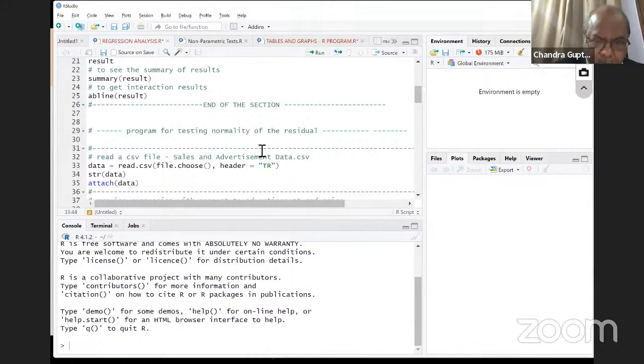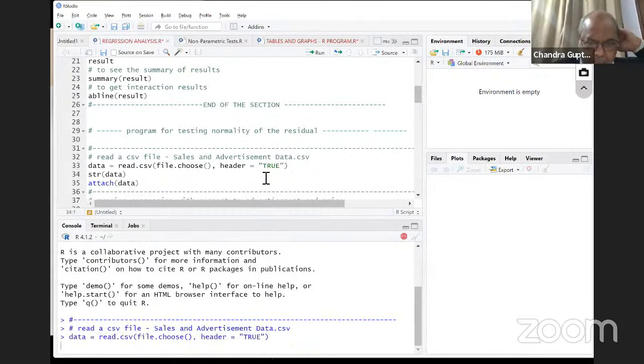Friends, I think some problem is there in my R studio. Now it's not working.